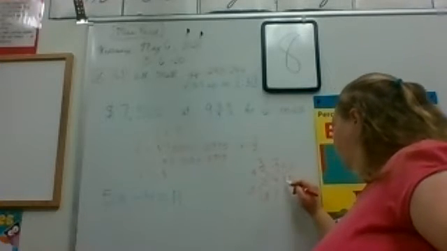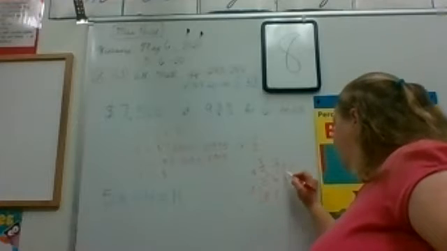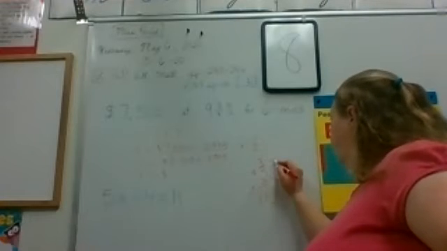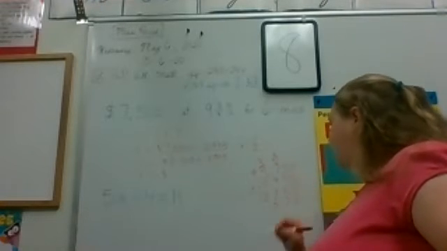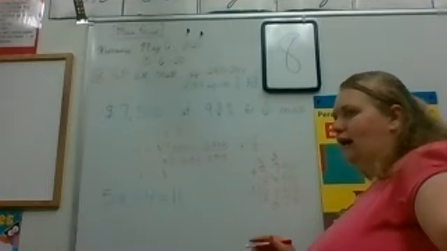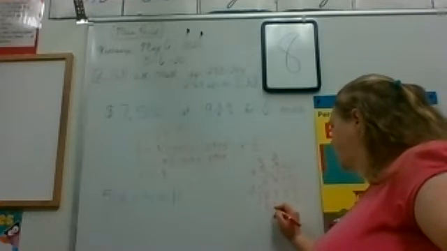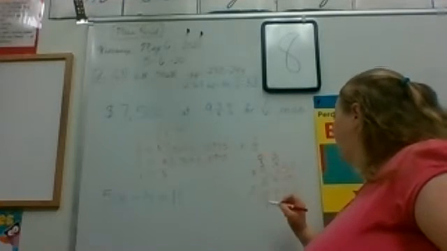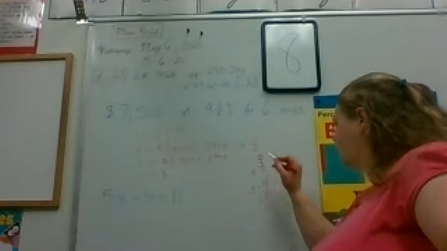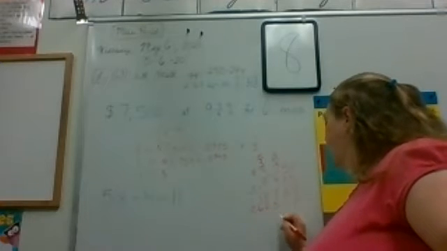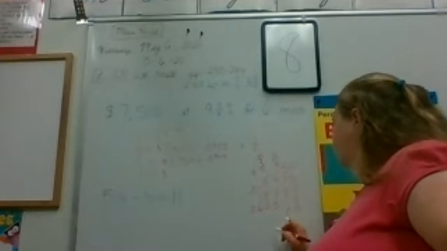Drop a 0. 7 times 0 is 0. 7 times 5 is 35. Carry the 3. 7 times 7 is 49. Plus 3 is 52. Carry a 5. 3 times 7 is 21. Plus 5 is 26. Drop 2 zeros.